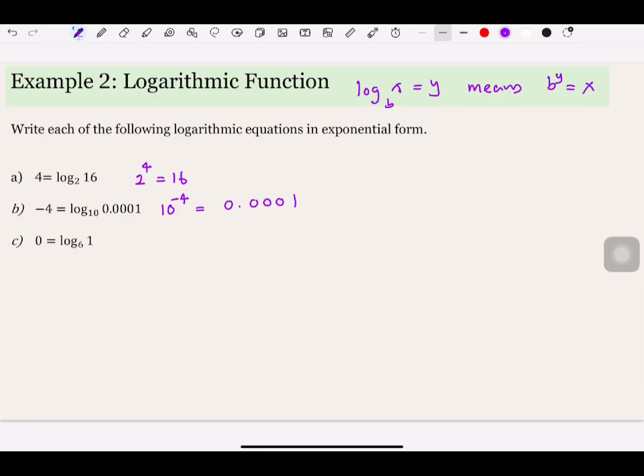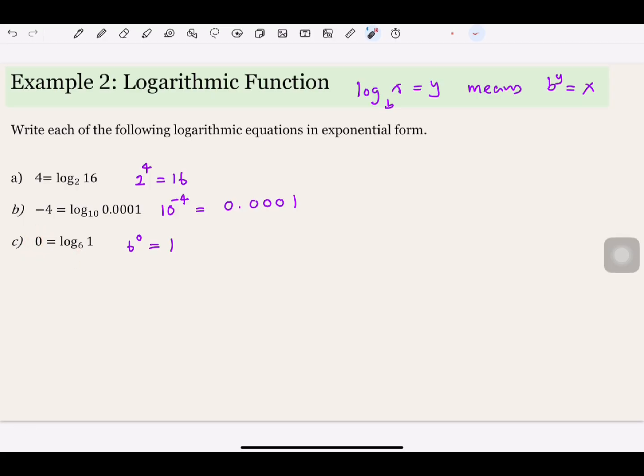Next example, here the exponent is 0, the output is 1 and the base is 6. So 6 to the power 0 is equal to 1, because this is your output, this is your base and this is your exponent.